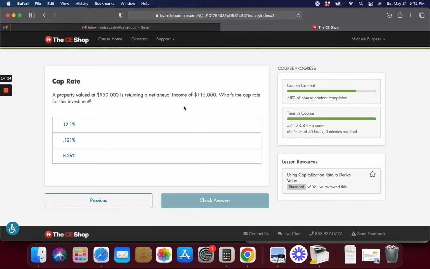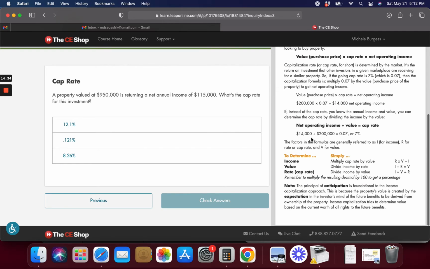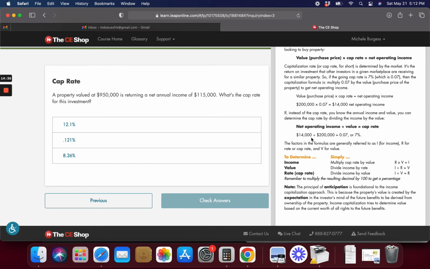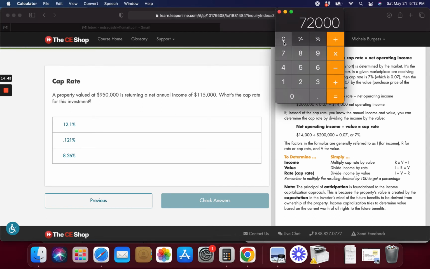Property valued at $950 is returning a net annual income of $115. What's the cap rate? All right, so I think it would be 115 over 950. I'm not positive on that.